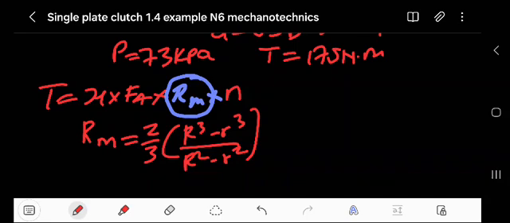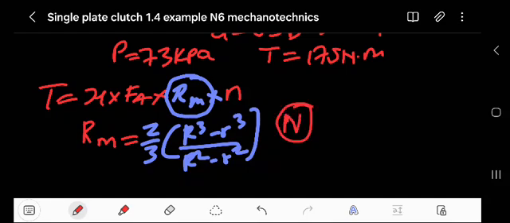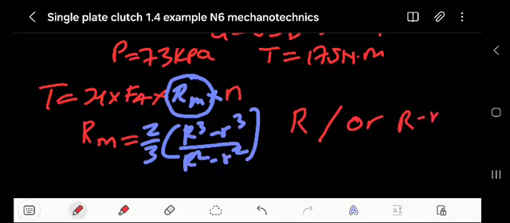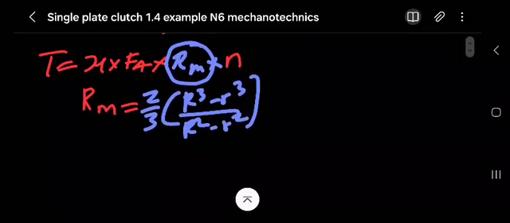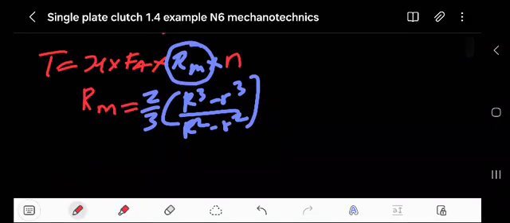We don't have r for now. I've said if you are not given r, or you have unknown diameters, to make your life easier, substitute this as it is.